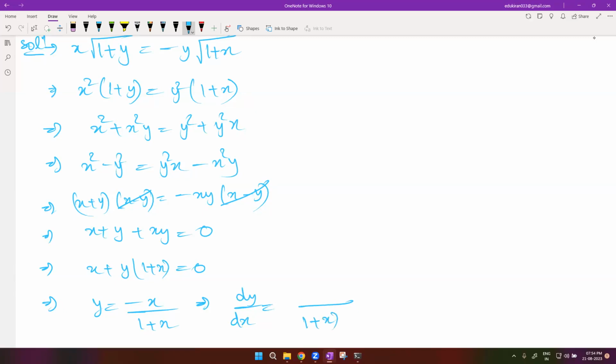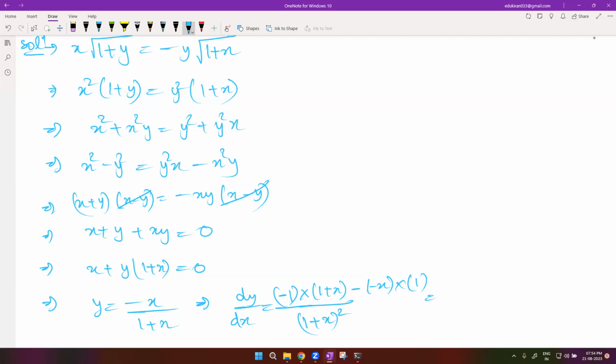needs quotient rule. So according to quotient rule, denominator square, then differentiation of numerator, minus 1, into denominator as it is, minus numerator as it is, into differentiation of denominator, which would be 1.